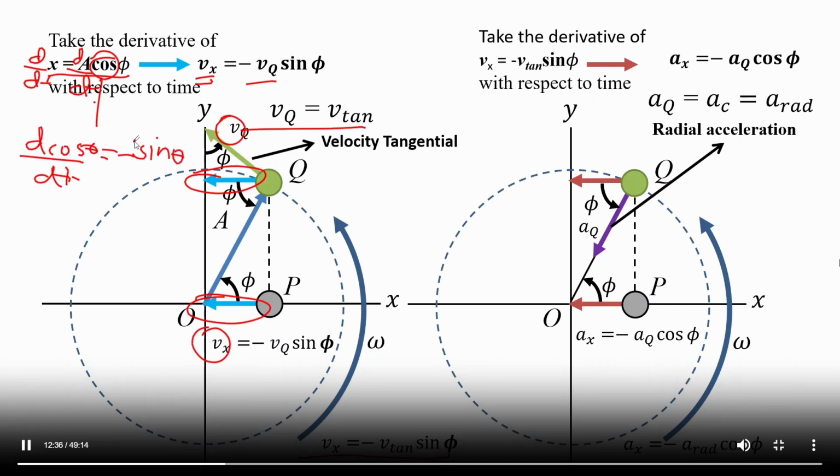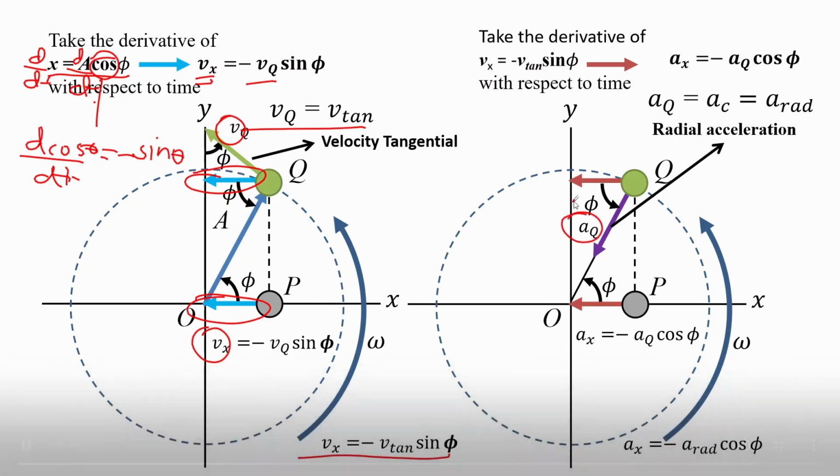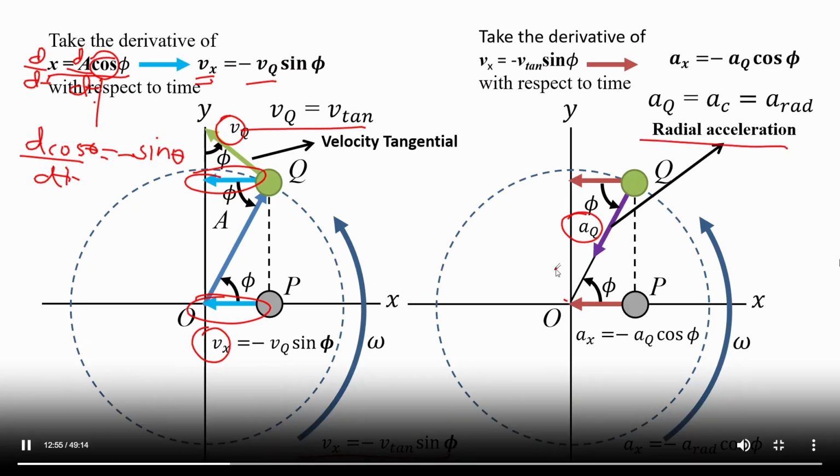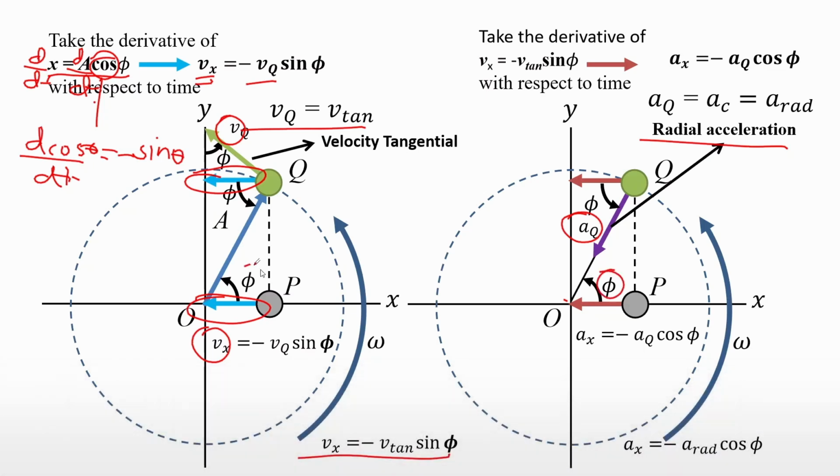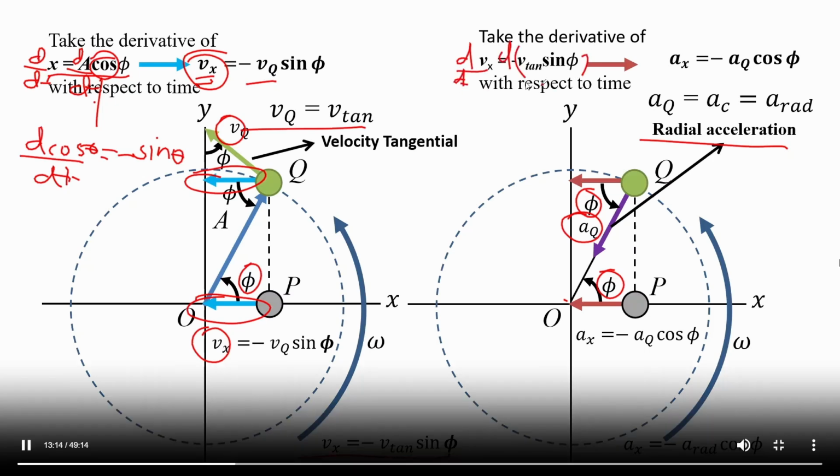Now we look at the second figure, where you have AQ in terms of acceleration. AQ is the radial acceleration and it points towards the center, the origin. You still have some identical things, for example phi is still the same as phi here. In terms of acceleration, we take the first derivative of vx, so this becomes dvx over dt, which gives you ax.